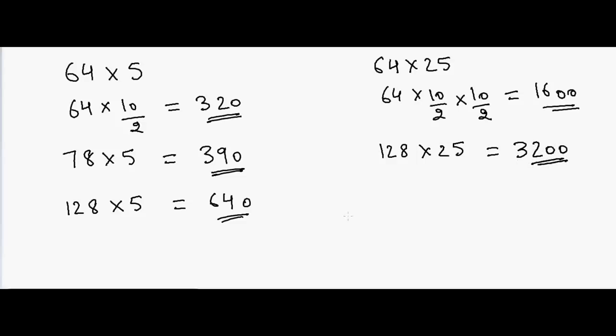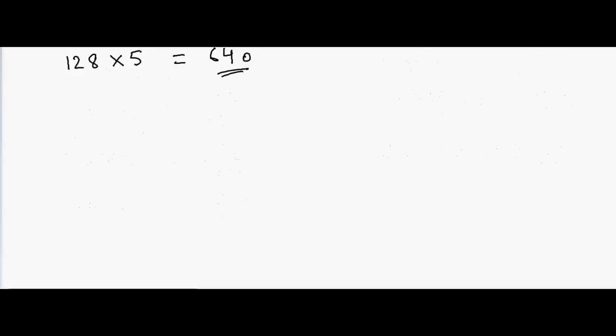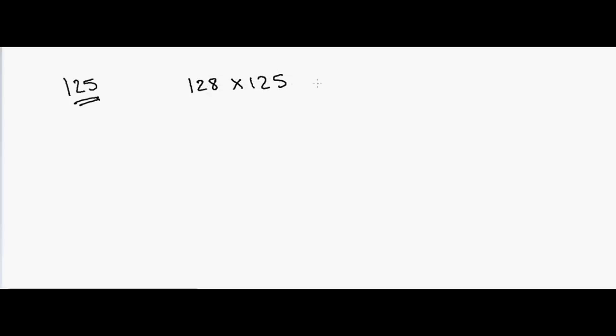Again, let's go to one more trick. If we have to multiply by 125, how do I multiply by 125? I'll take an example. 128, I want to multiply by 125, then that can be written as 128 into 10 by 2 into 10 by 2 into 10 by 2. So we have to divide 128 by 2 three times, or we can divide it by 8.